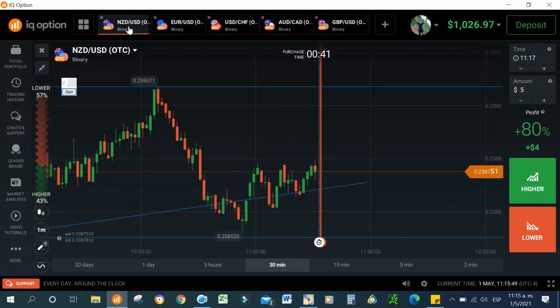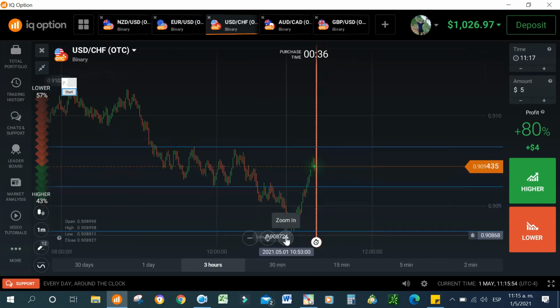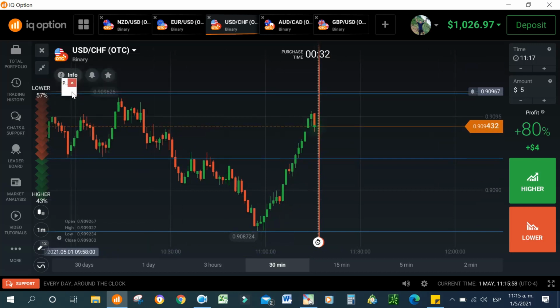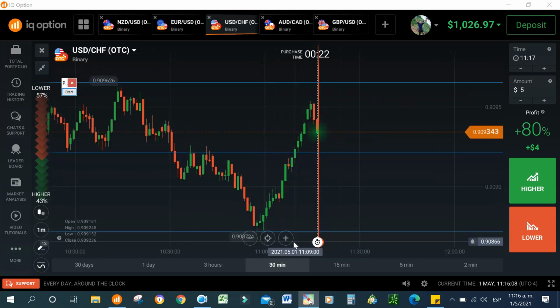So let me see if I can find another good opportunity. For example, in this case, I'm waiting for a pullback to this area, more or less to this area, and then keep going higher. Here we go.